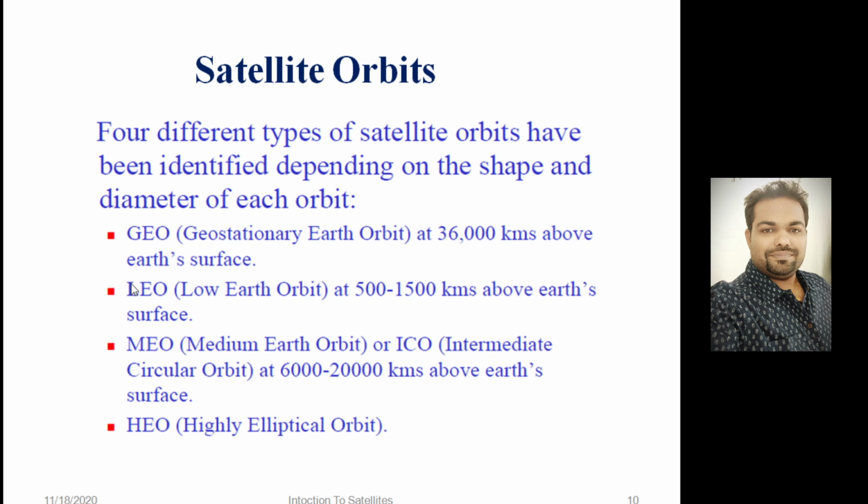Then the second category: if you go out from the Earth, the first orbit that will come is called low Earth orbit. Whatever satellites you keep here will be in free fall towards the Earth. But as the Earth's speed is different from the speed of the low Earth orbit, they cannot enter the Earth's atmosphere because of the high magnetic field, right?